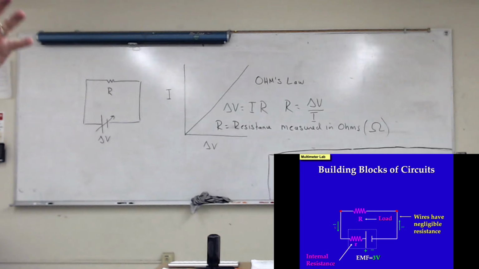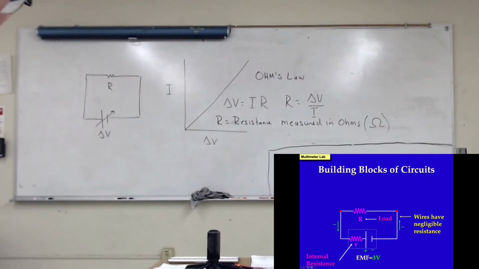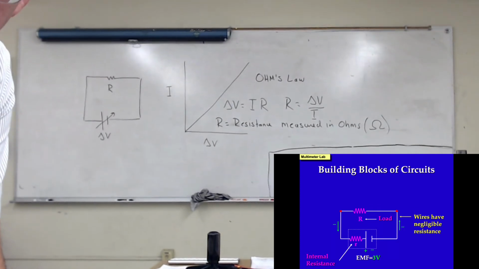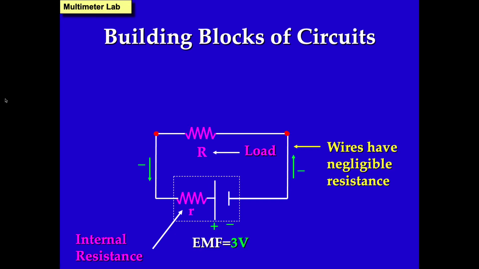That whole box represents the actual power supply. Because of the internal resistance, the voltage across a load, across any resistor, is not called EMF, but it's called a terminal voltage. It's less than the rated voltage because of that internal resistance. When we're analyzing circuits, we're going to assume that the wires have negligible resistance compared to the resistor, or your load.